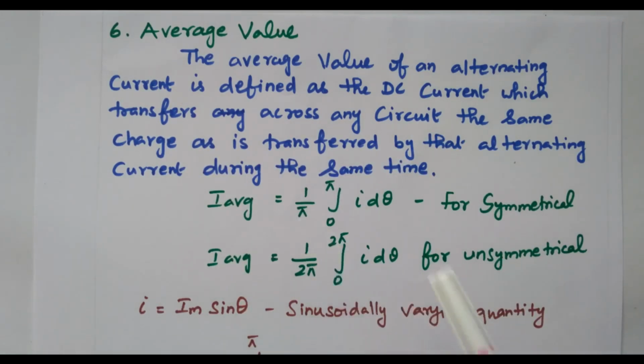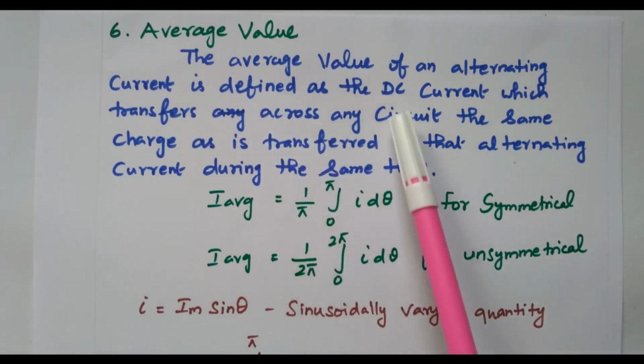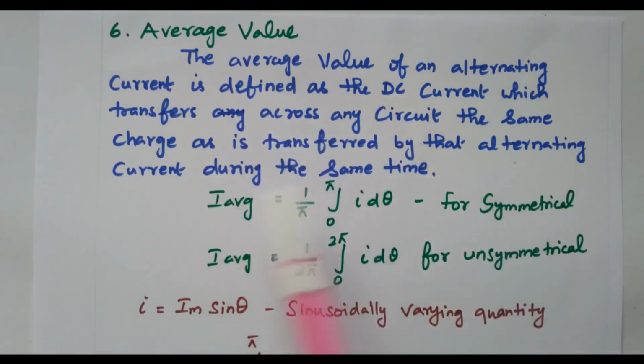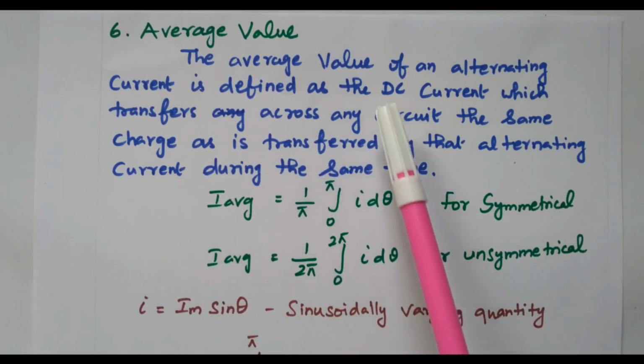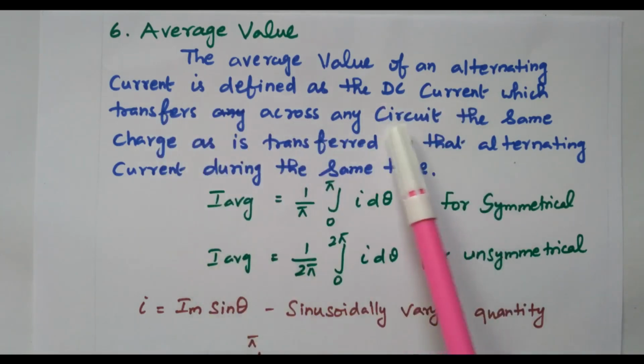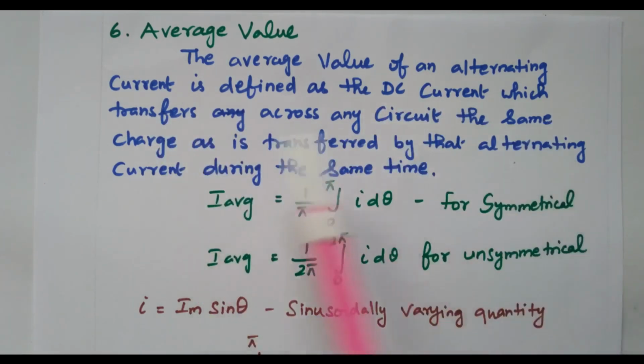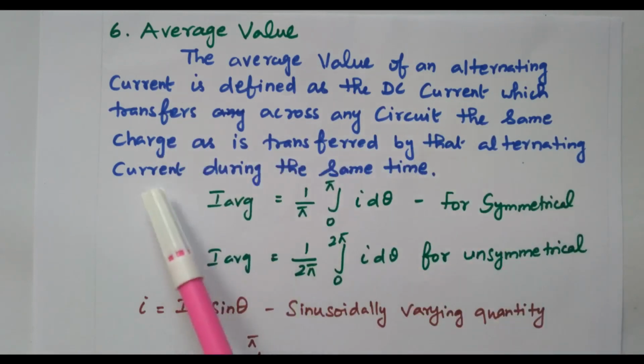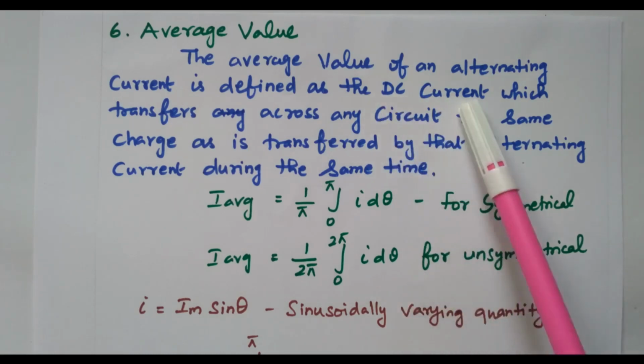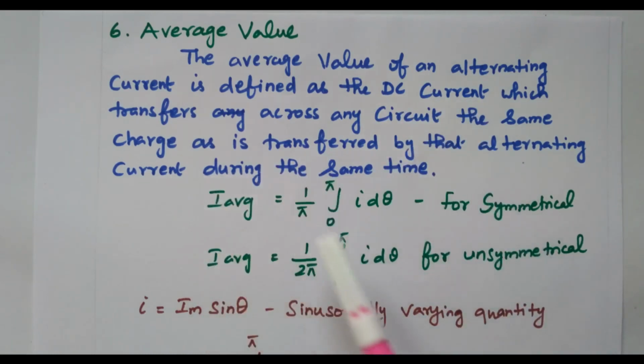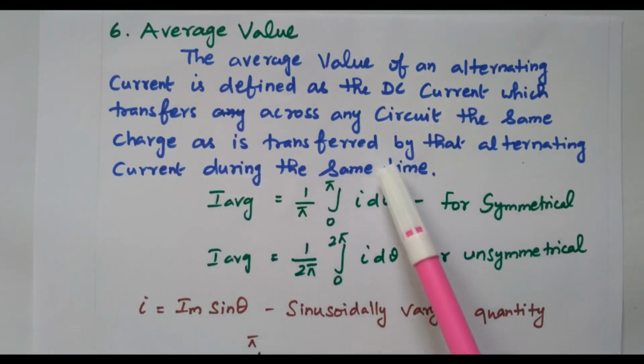Similarly here also, but the definition relates DC current to alternating current. Suppose one circuit is available, and DC current is passed. The same charge transferred by the alternating current in the same time is called the average value.